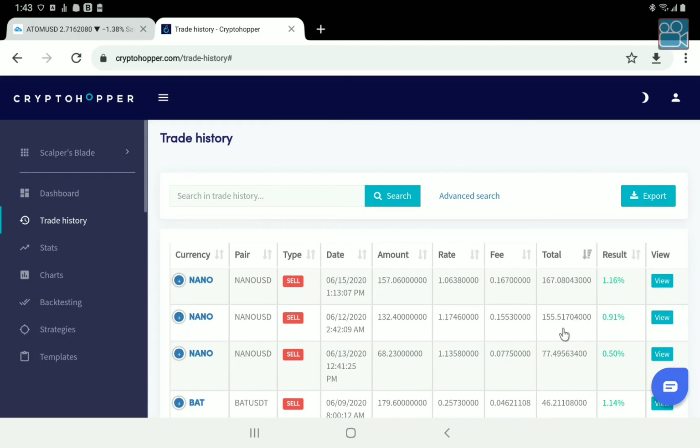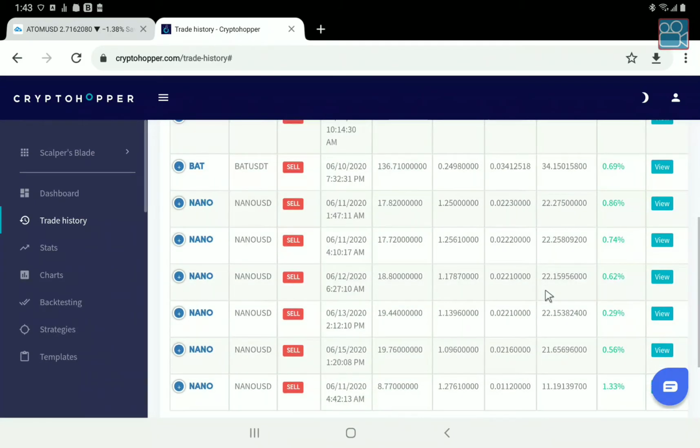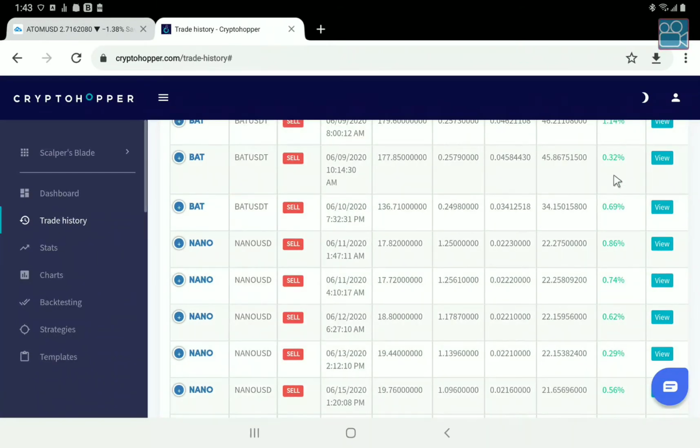Not bad, fairly reasonable. So if you get 1.16 of 167, roughly $1.6 just on this one single trade. That's respectable. And as you can see, all the various profits, even the fast moving markets where it's a little bit low.